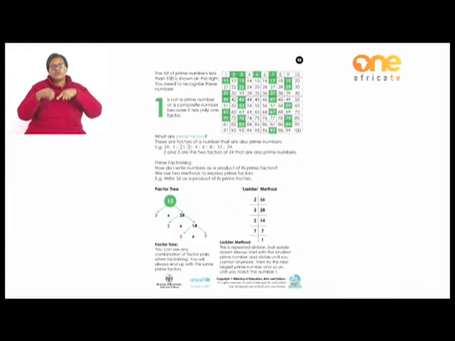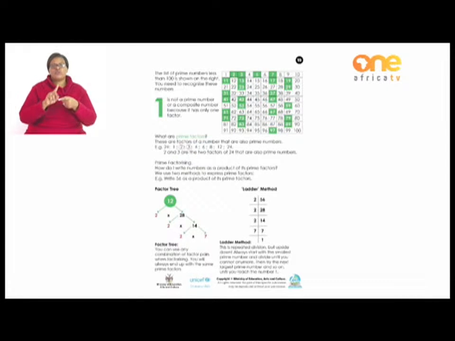How do I write numbers as a product of their prime factors? We use 2 methods to express prime factors. Given an example of 56 as a product of its prime factors, the 2 methods are shown there.